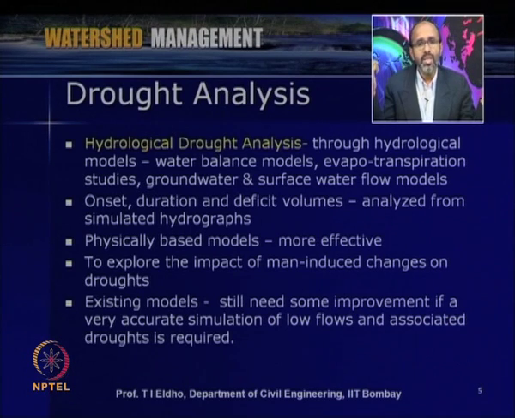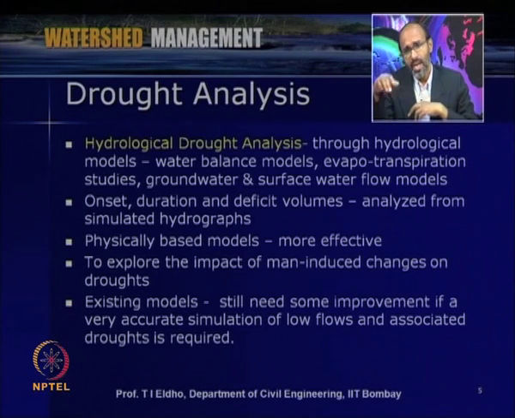Most of the existing hydrological models we can use for drought analysis, but depending upon the area and the various parameters, some improvement is still needed if a very accurate simulation of low flows and associated droughts is required. Generally, the available hydrological models are used to identify rainfall-runoff and, most of the time, flood analysis.